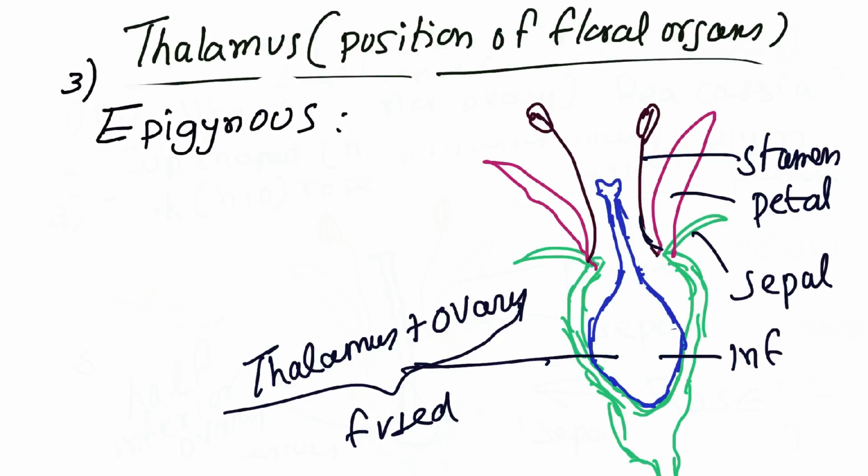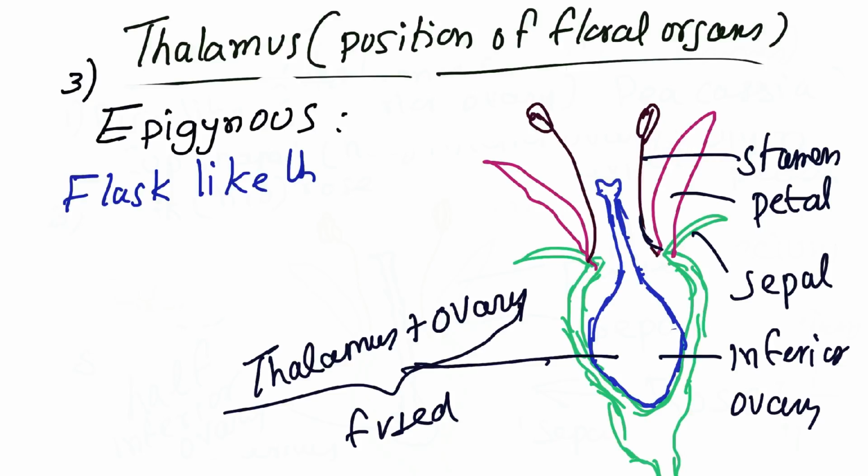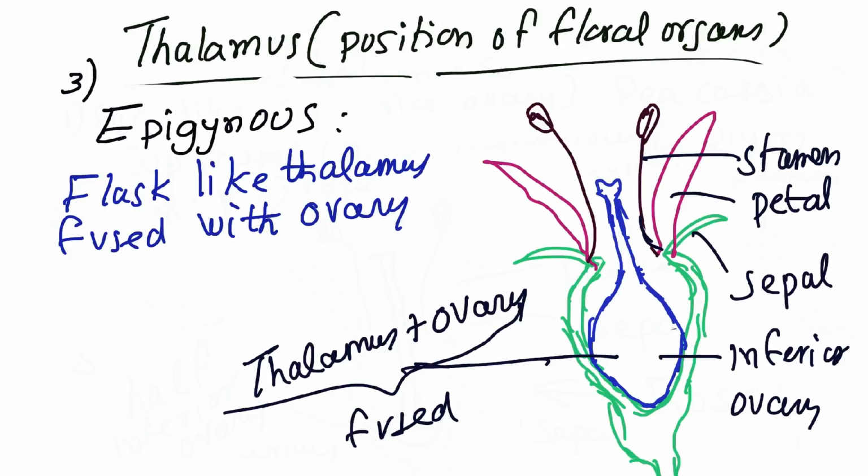That is the key feature of epigynous, and we have some very famous examples which we'll be looking at shortly. So what was the definition of epigynous? In a sentence, it can be called a flask-like thalamus which is fused with the ovary. That's the key definition of epigynous.